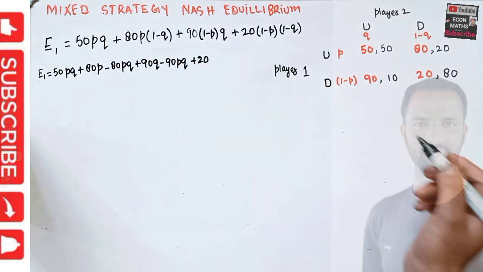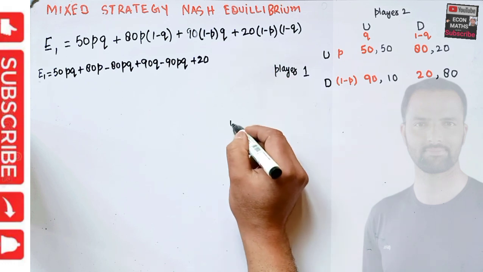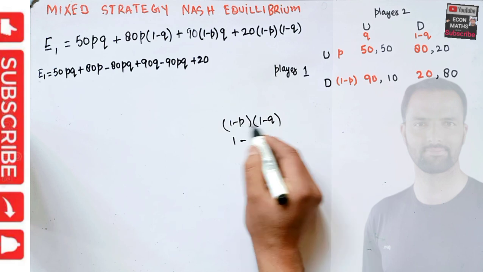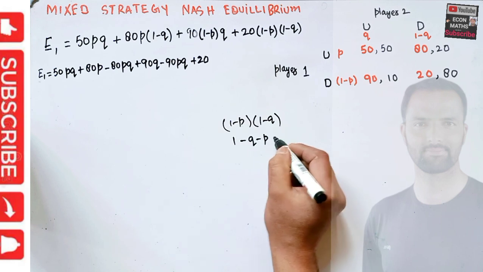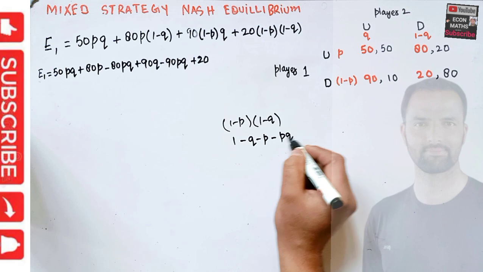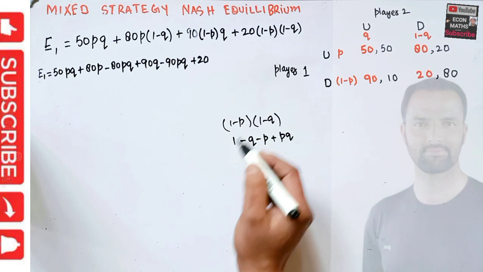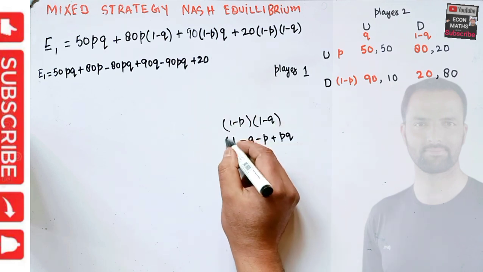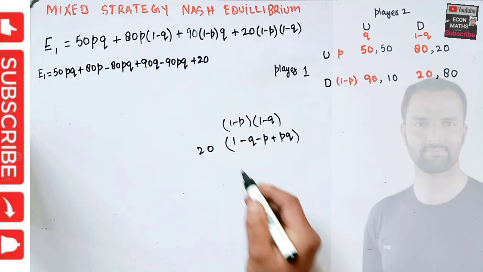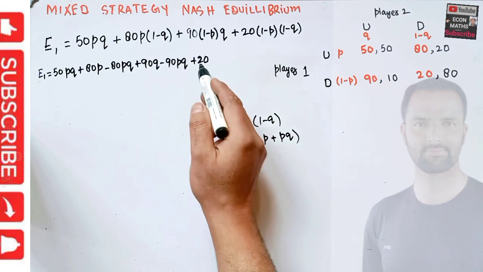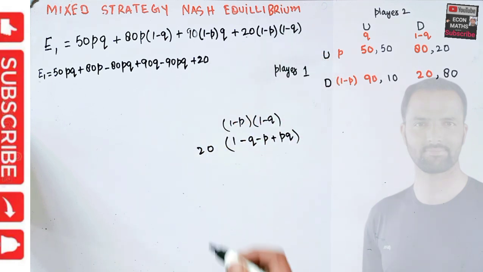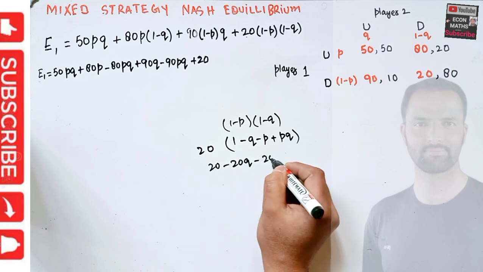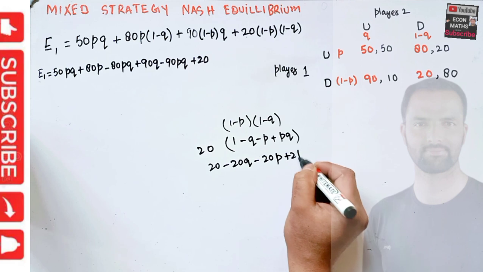If we solve this out, 1 minus p into 1 minus q comes out to be 1 minus q minus p plus pq, sorry, minus into minus is plus. So we have to multiply 20 with this. This is 20 minus 20q minus 20p plus 20pq.